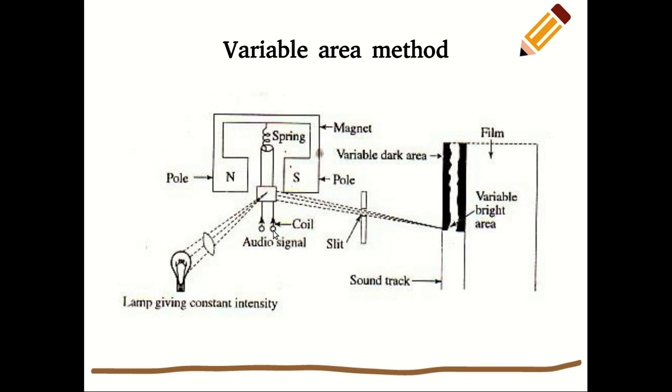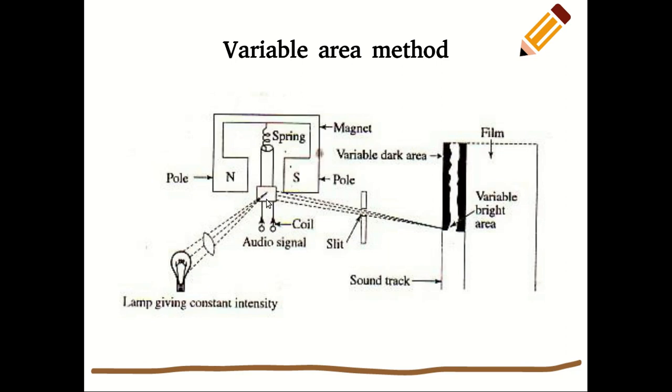When the audio signals pass through the coil of the galvanometer, some magnetic field will be generated. That magnetic field interacts with the permanent magnetic field, as a result of which there will be some deflections or vibrations in the coil of the galvanometer.